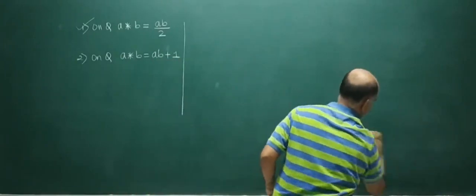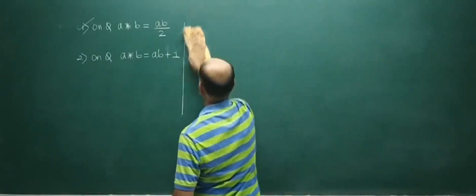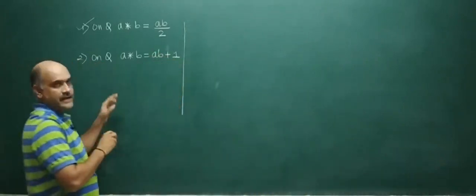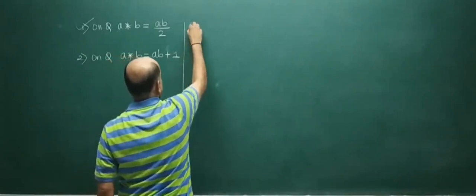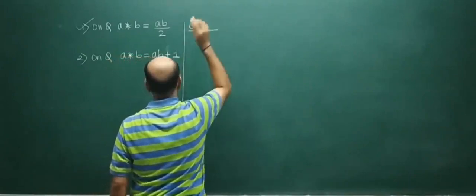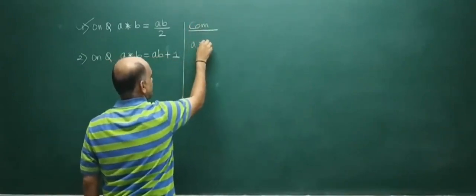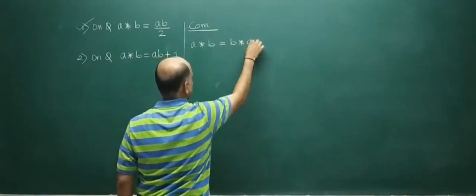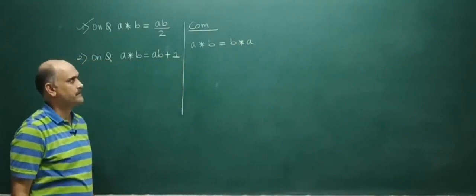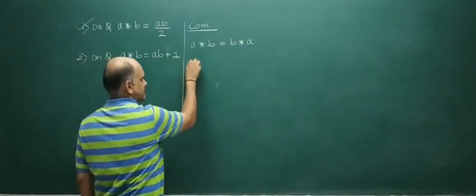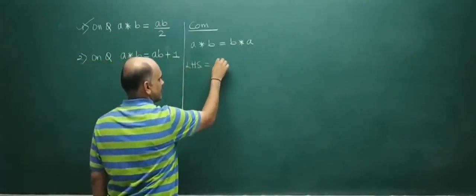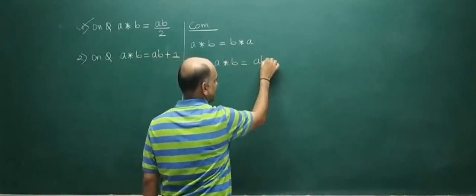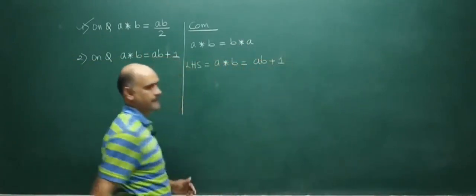Commutative: A star B is equal to B star A. For commutative, we are required to prove this. LHS: A star B, by definition, will be AB plus 1.